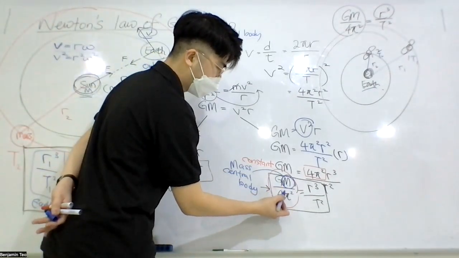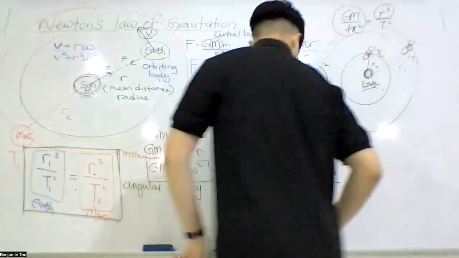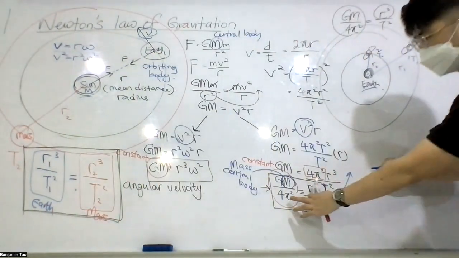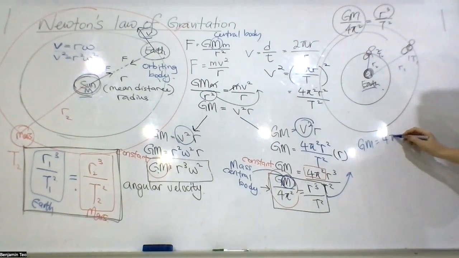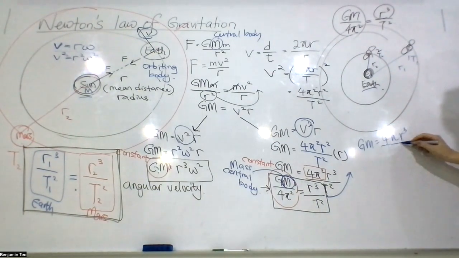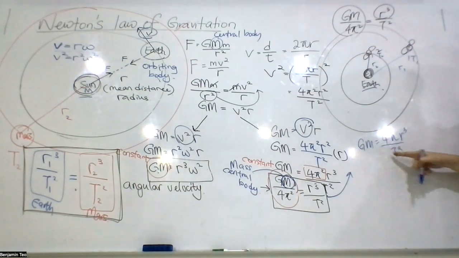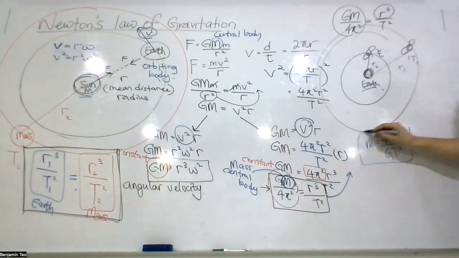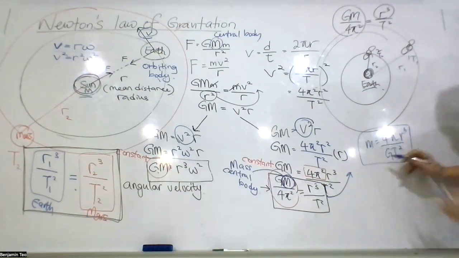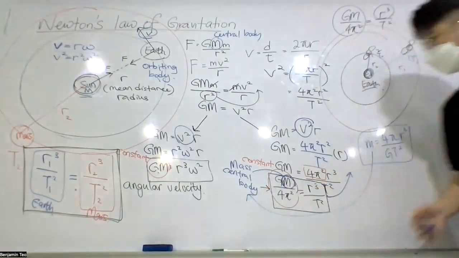That means if I bring this over here, 4 pi squared over here, GM equals 4 pi squared R cubed over T squared, G brought over here, G T squared. Whose mass is this? The mass of the central body.